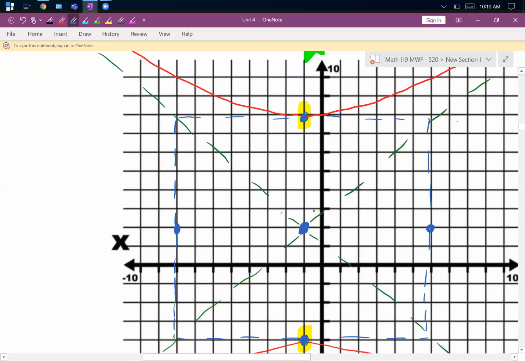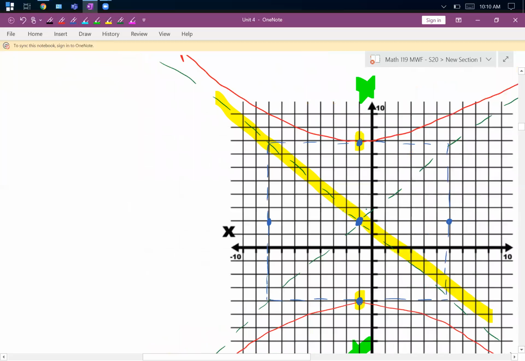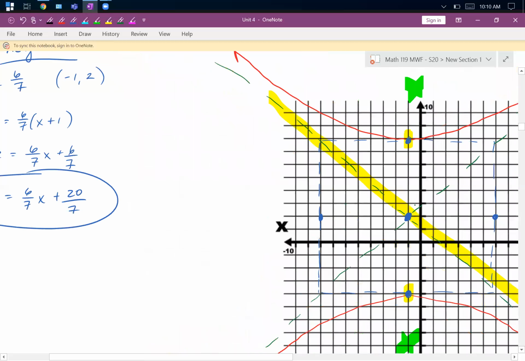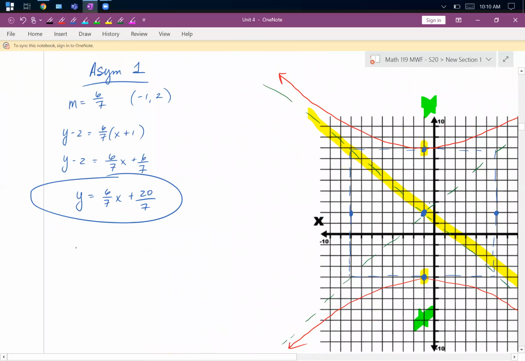And now we want to do the other one. It's still true, even when we're off the center, that the slope of that second asymptote is just the opposite of the first. Our slope is -6/7, and we're passing through our center, (-1, 2).